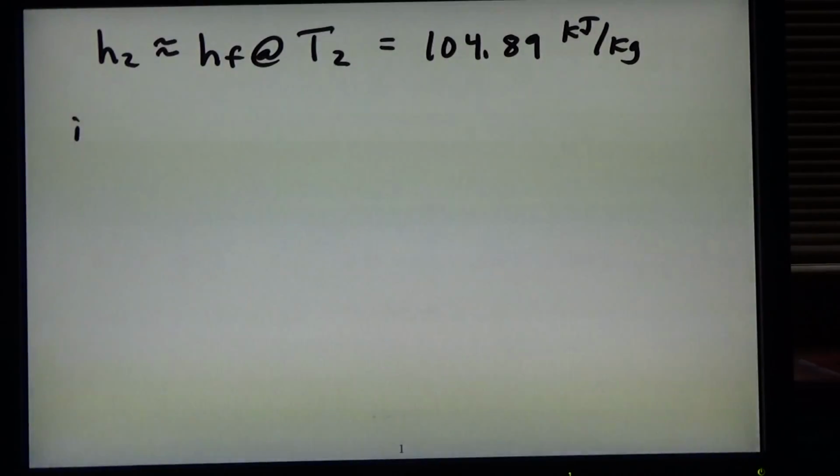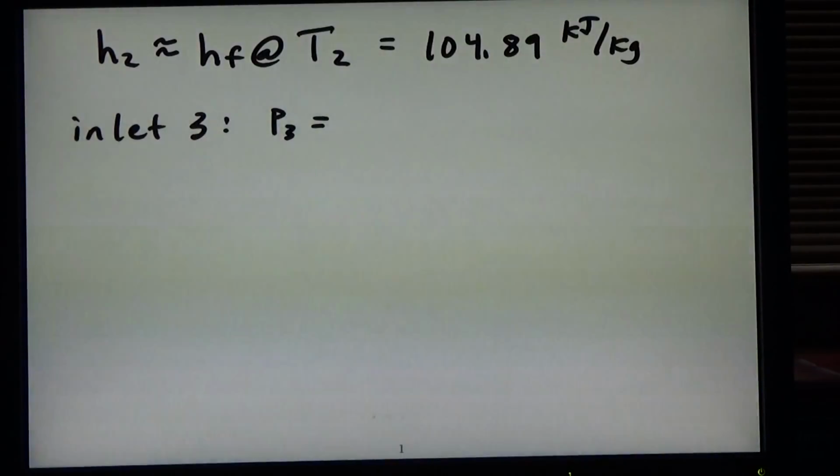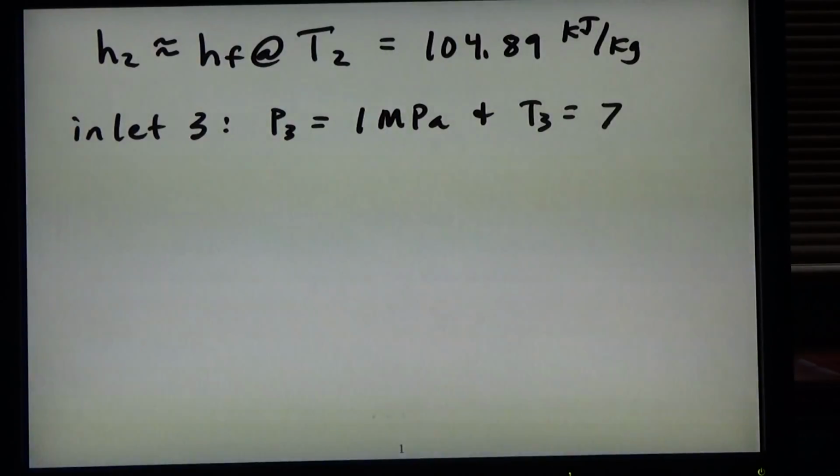Now we can go to the refrigerant side in the shell. Looking at inlet number 3, we knew P3 was equal to 1 megapascal, and T3 is equal to 70 degrees Celsius. So just based on the fact that we know this is a condenser, we should expect that at the inlet the hot substance is superheated.